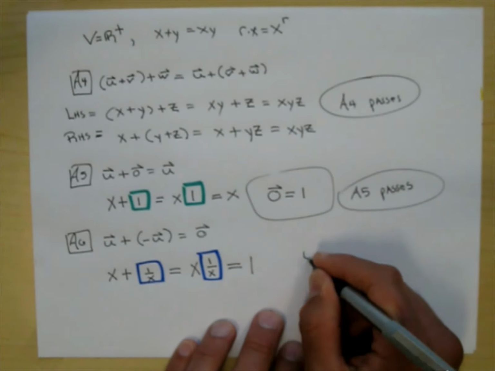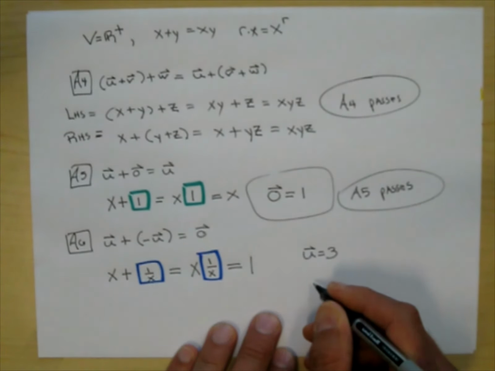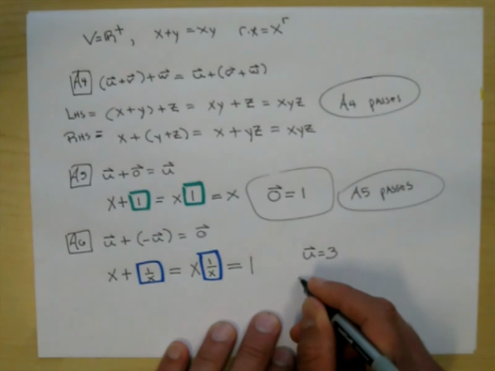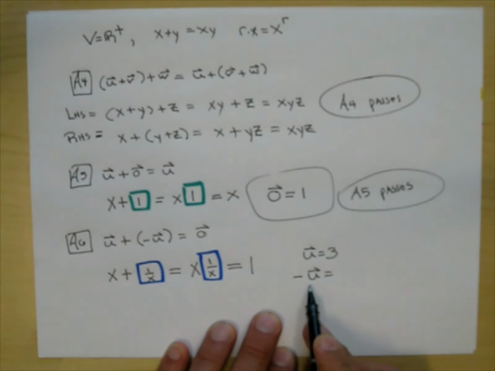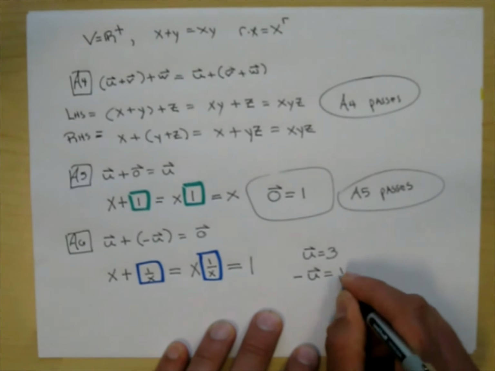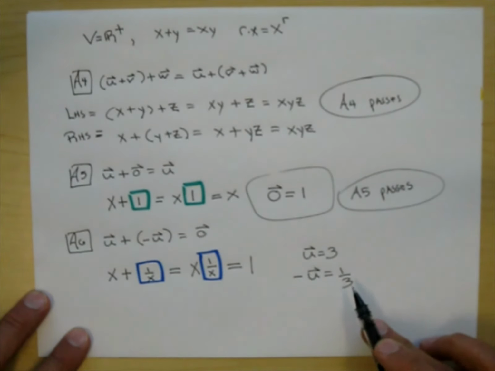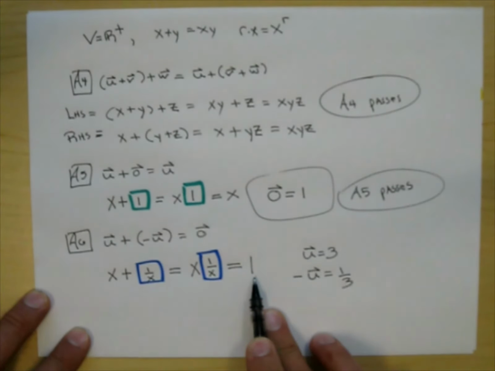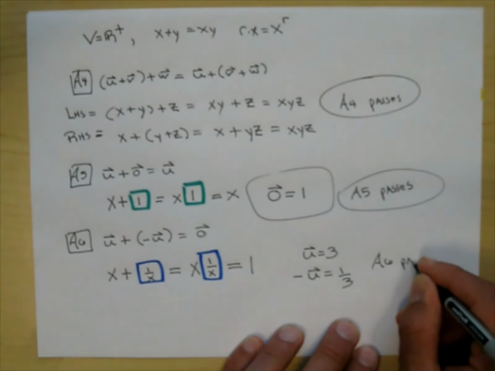Meaning this, if your vector is 3, some of you are going to really hate me for saying this, then your additive inverse is 1/3. Why? Because 3 plus 1/3 equals 1, the zero vector. A6 passes.